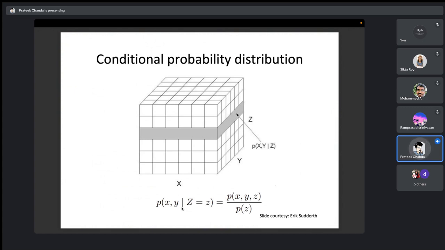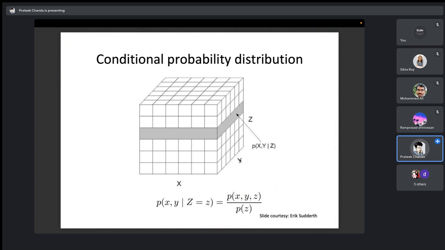So by Bayes' rule, obviously, this is the thing. In case of a joint distribution where you have x, y, and your vertical axis as the z thing, what do you mean by P of x comma y given z?